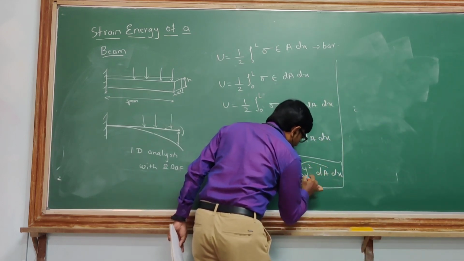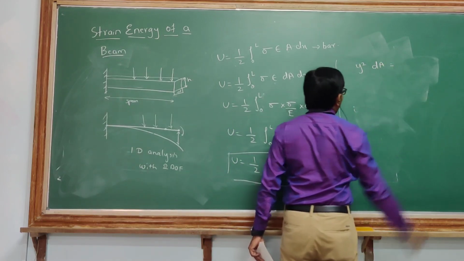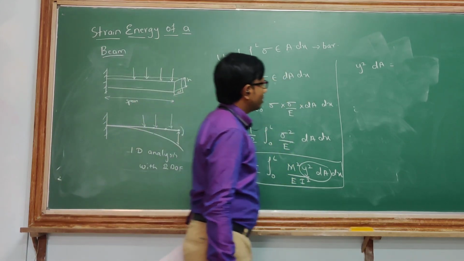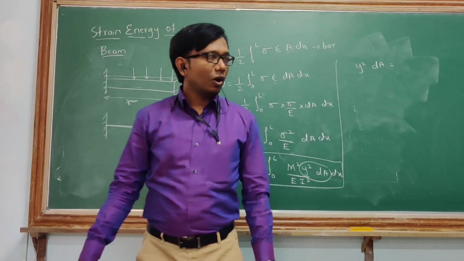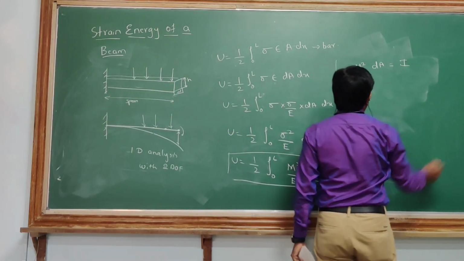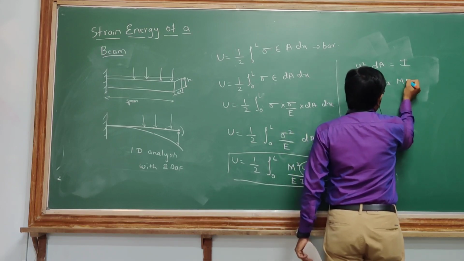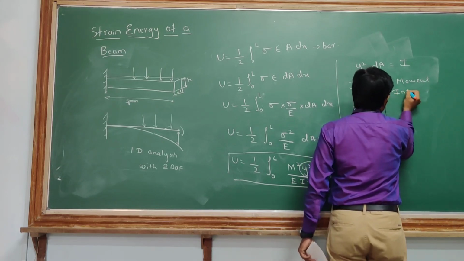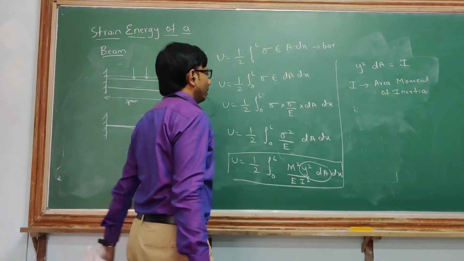parameter, that is y square into dA. So what does this y square into dA mean? If you see from your previous bending moment equation or deflection of beams, y square into dA constitutes a parameter called I. I is nothing but the area moment of inertia.